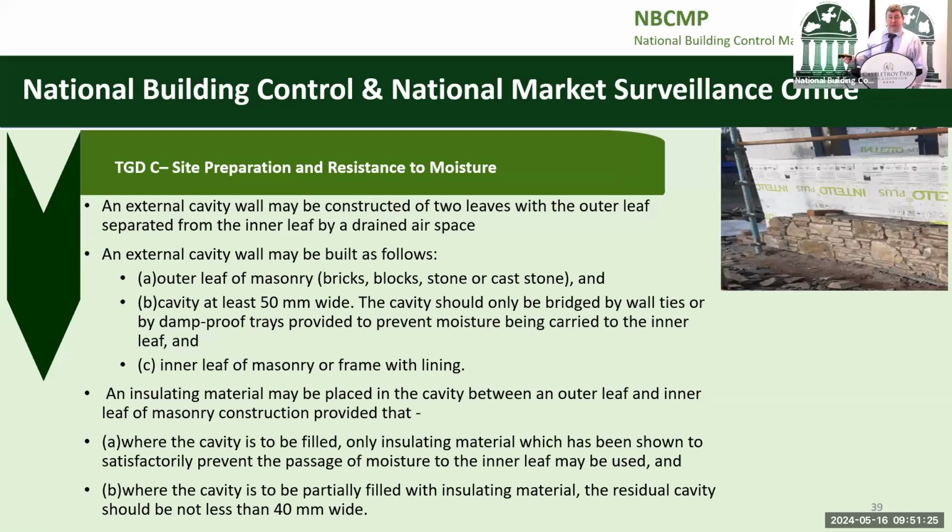And that's all in Part C of the building regulations. That's in since 2005, it hasn't changed. Simon is involved in the updating of Part C, but in the next year or two, we're going to see a new Part C, hopefully.